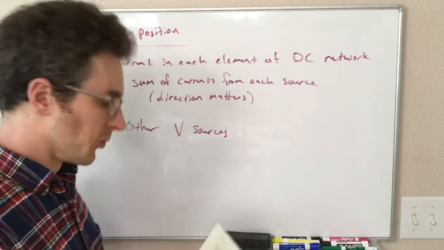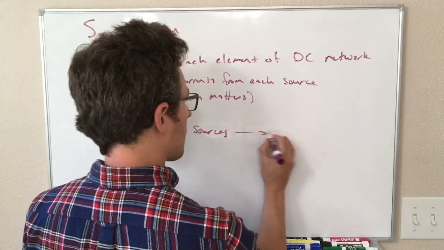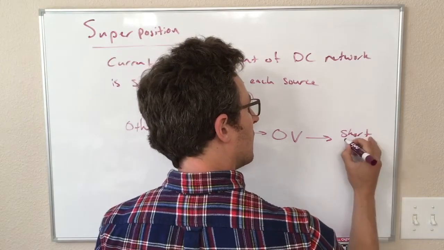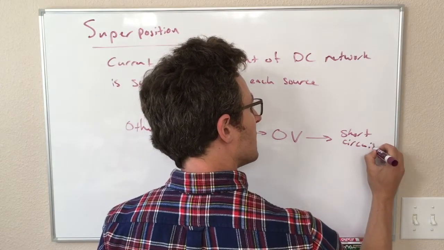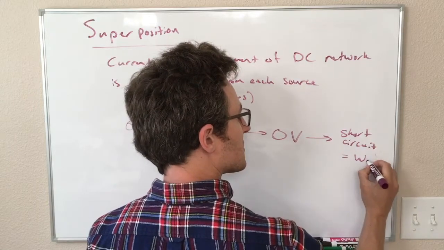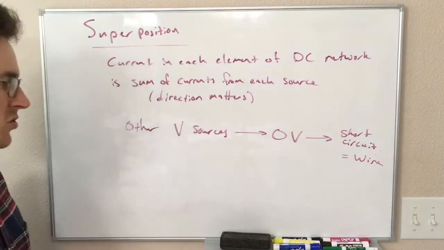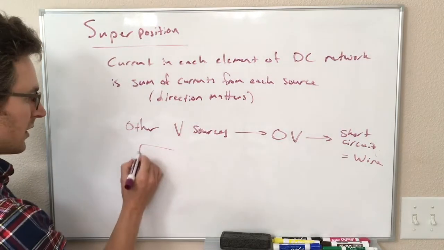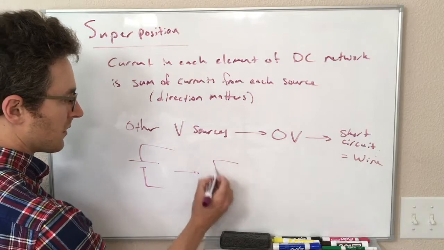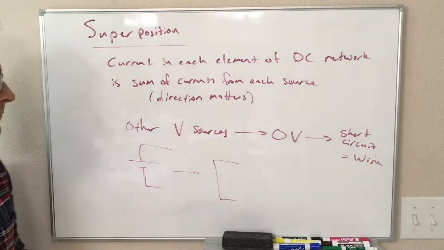So we want it to have a voltage of 0, which is the same as a short circuit, which means we replace our source just with a wire. So something that looks like this, we replace with something that just looks like this, just a wire.